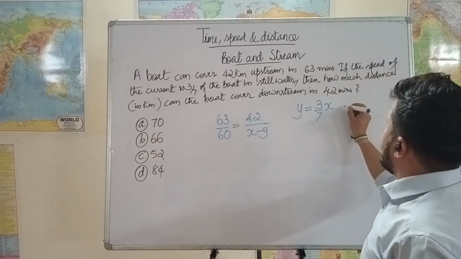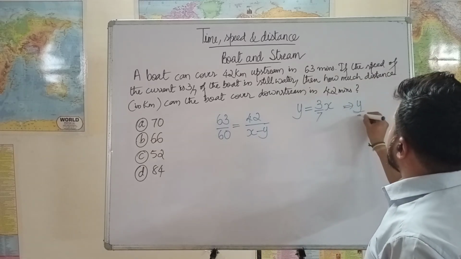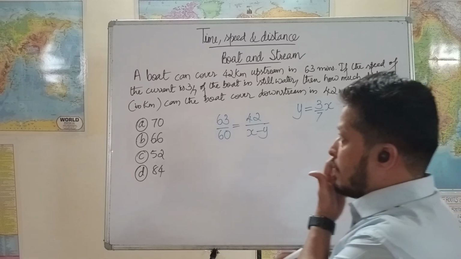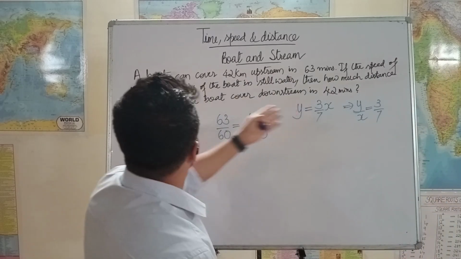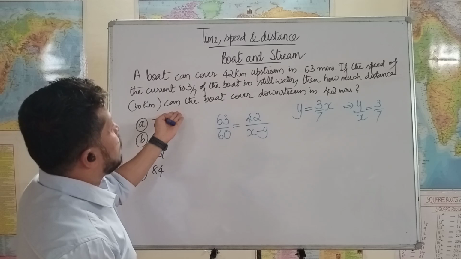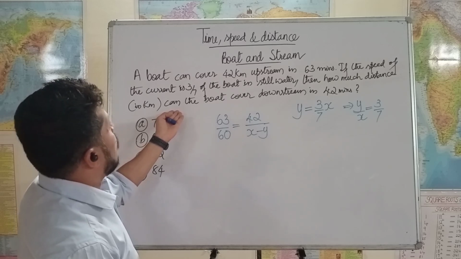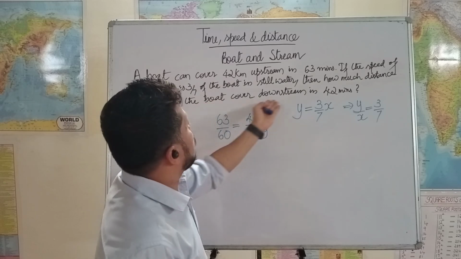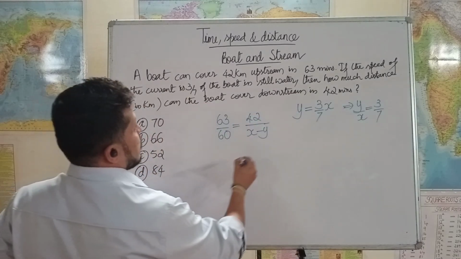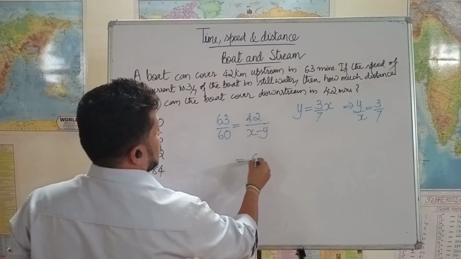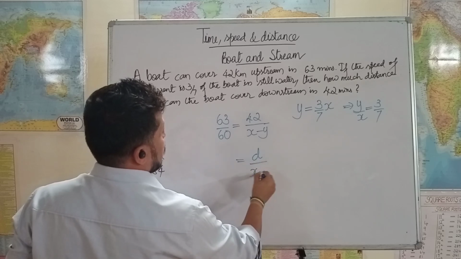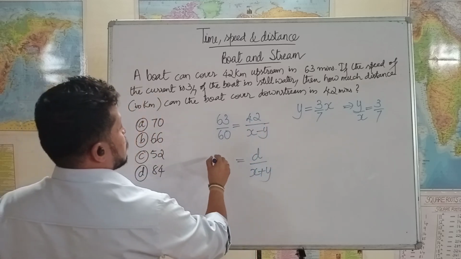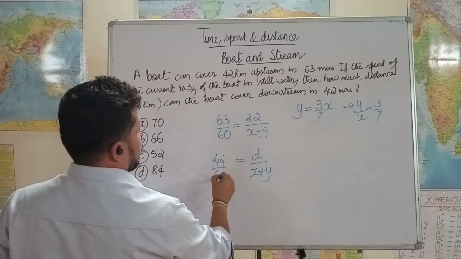This means y by x is equal to 3/7. What else we have? Now the question is how much distance can the boat cover downstream? So we need to find the distance covered downstream in 42 minutes. So 42 minutes, I write as 42/60.